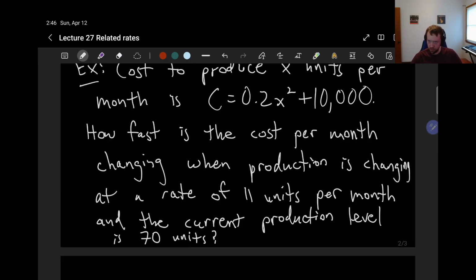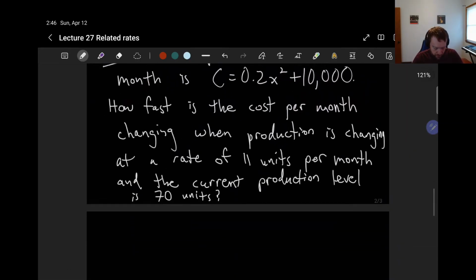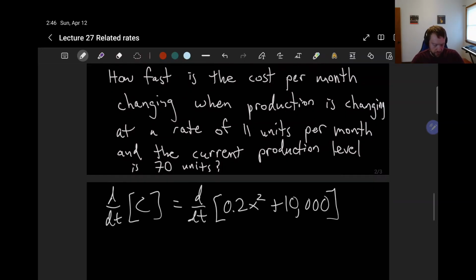So we move on to step 2, where we take the derivative of both sides with respect to time, t. So derivative of cost equals derivative of 0.2 x squared plus 10,000. Both c and x implicitly depend on time. They are changing over time, so they depend on t.